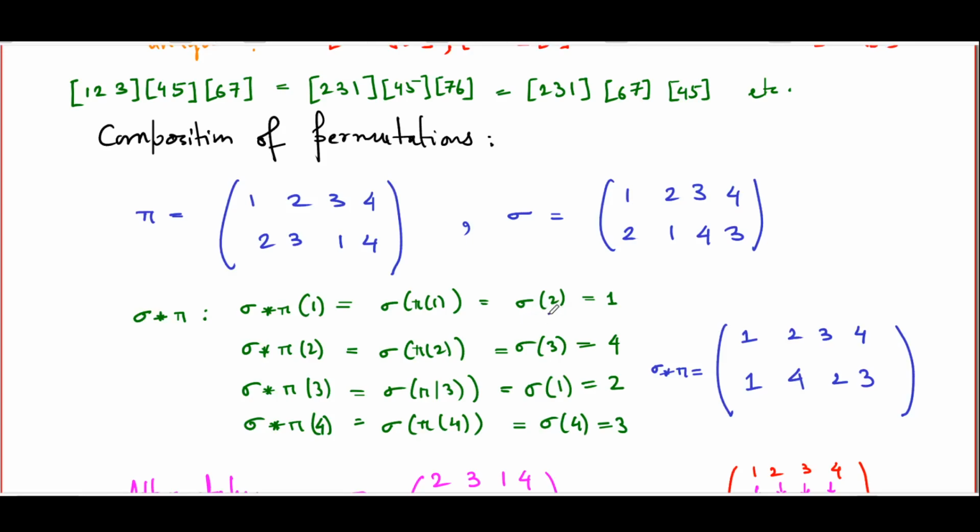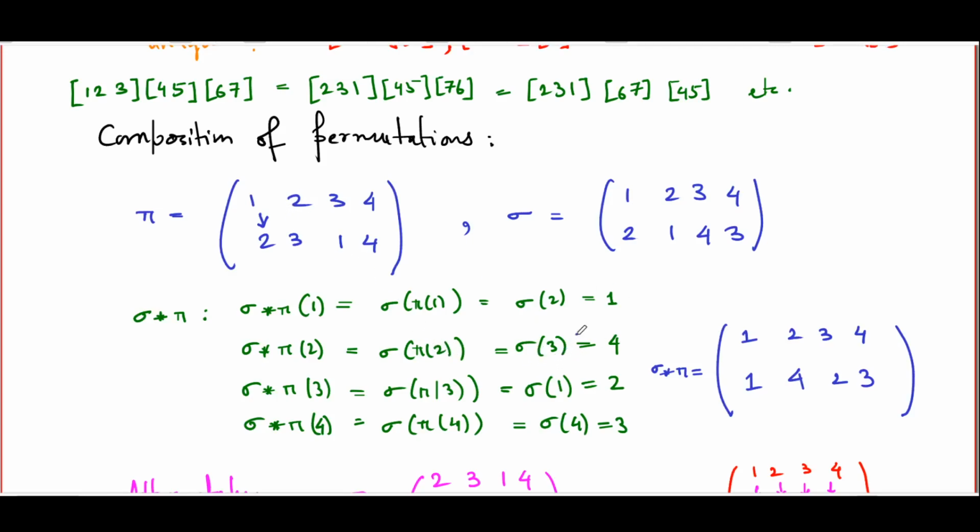Sigma of pi 1 is just sigma of 2. And sigma of 2, of course, here is 1. So sigma star pi acting on 1 is 1. On the other hand, sigma star pi acting on 2 is sigma acting on pi 2. Pi 2, of course, is 3.